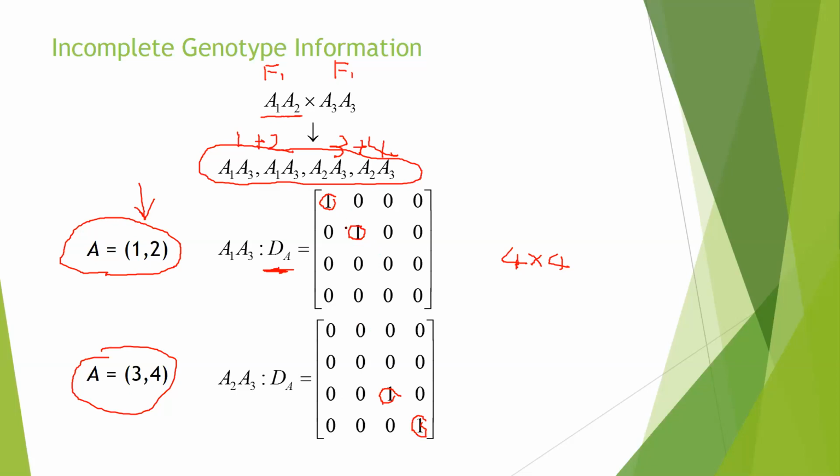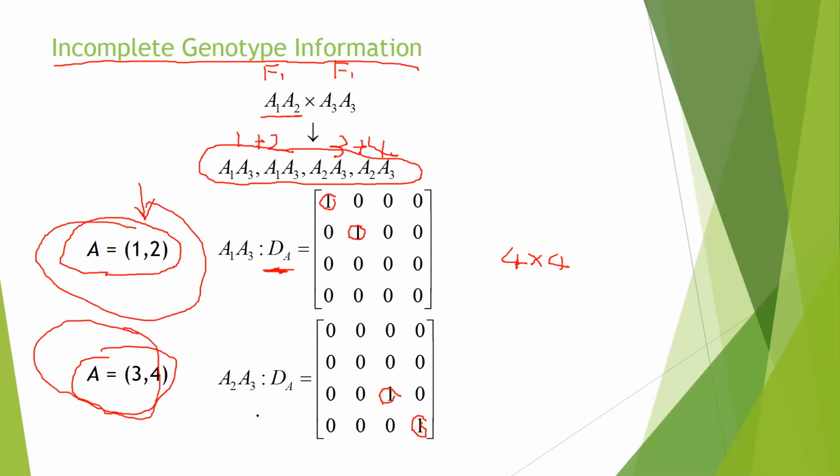But in any situation which involves incomplete genotype information, we can use a specially designed D matrix to represent the genotypes. Any questions?